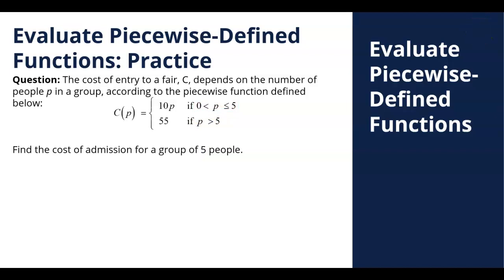So notice that our function is defined to be equal to 55 when p is greater than 5 and 10 is greater than 5. That means that C of 10 is just equal to 55.